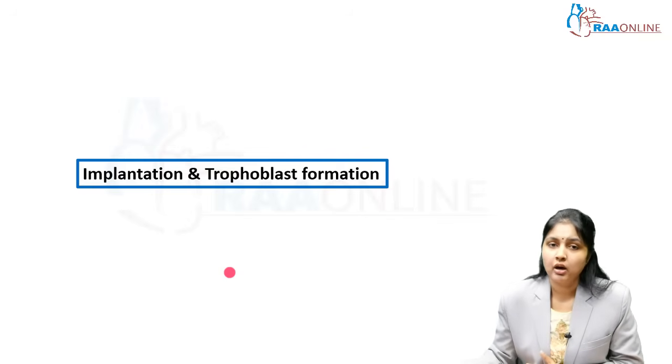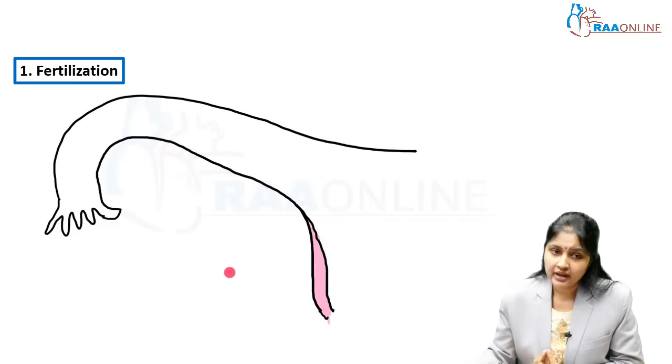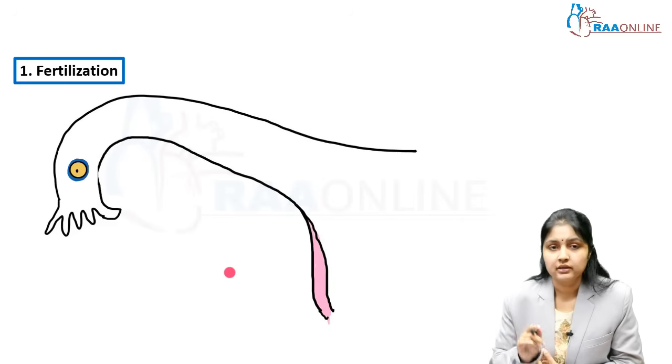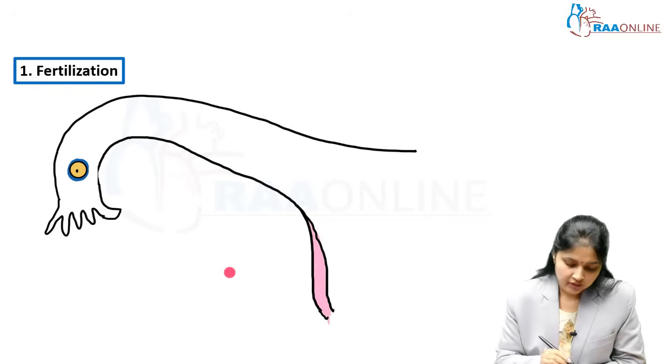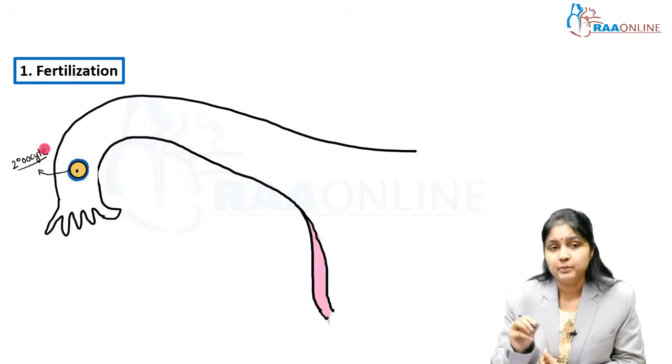We are going to see how implantation occurs and how trophoblast is formed. Let's start with fertilization. So during ovulation, we know that the ovary releases an oocyte. Now this oocyte is called a secondary oocyte, the one that is released by the ovary during ovulation.